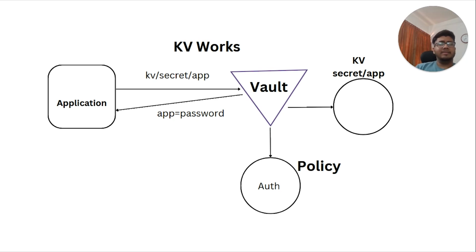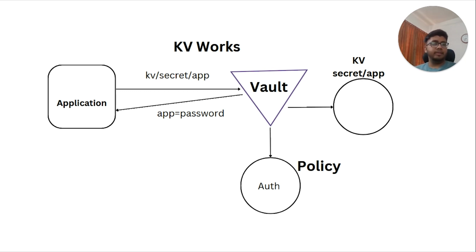Next, let's take a simple example of how the key-value secret manager works. Here's the application, and kv/secret/app is the path where we want to access the secrets of the application. So it will go to Vault. Every secret has an access policy associated with it, so it will check whether this application or this person has access to this value or not.